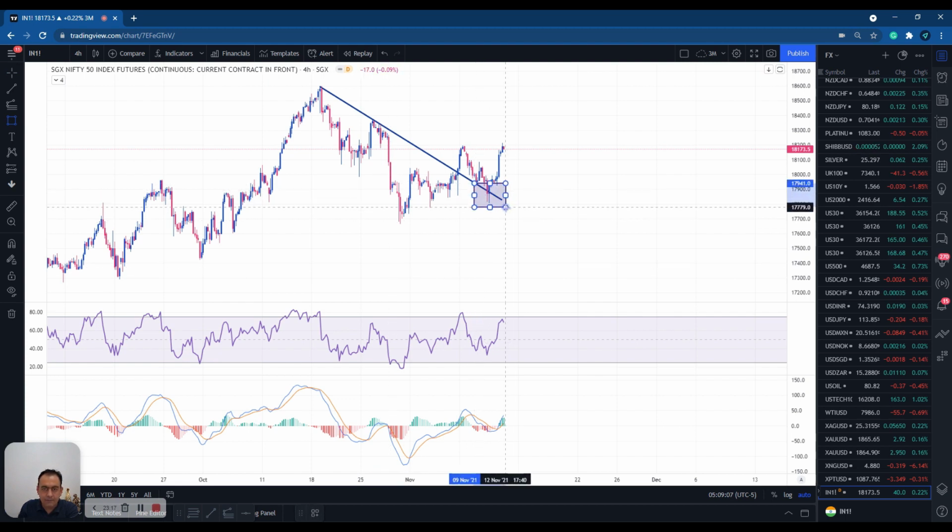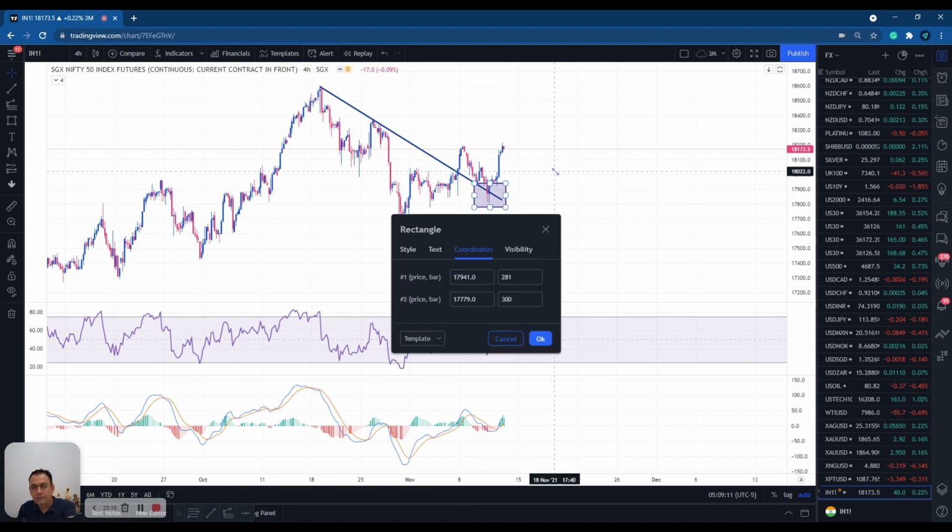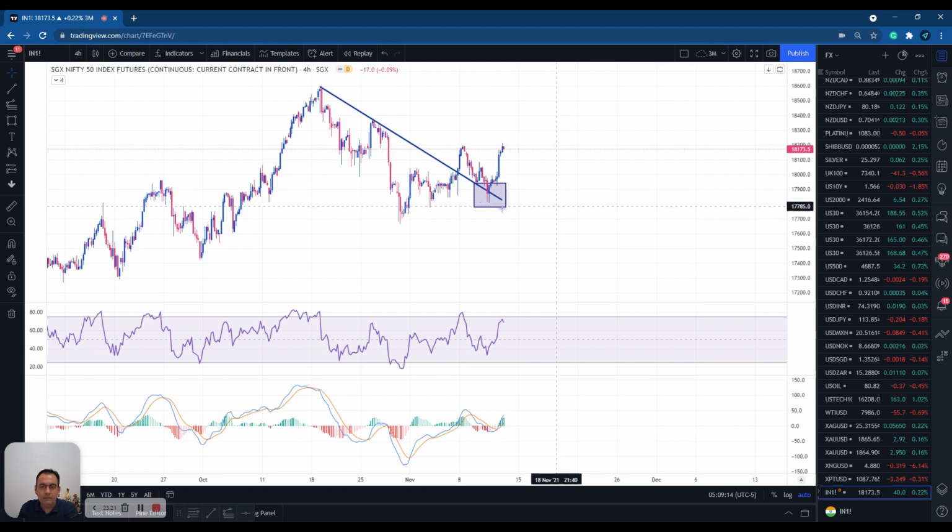See, then bullish momentum built up. Now we are near this resistance, which is around 18,180 or 18,200. Once broken, let it move higher. It will move higher to 18,500 and ultimately to 19,000.